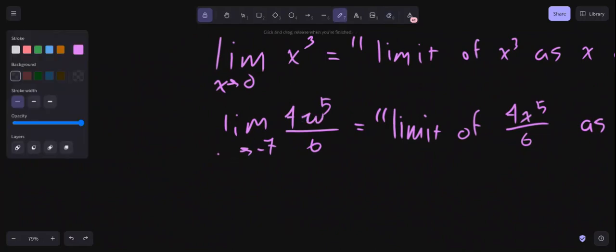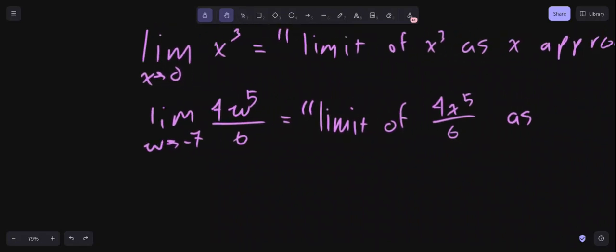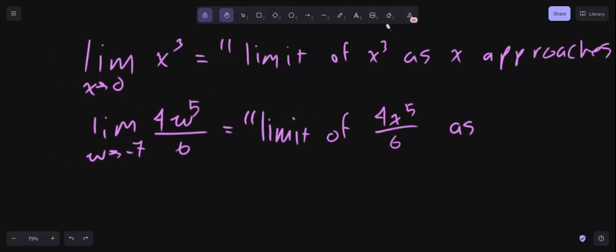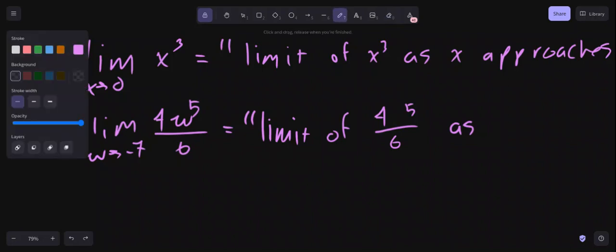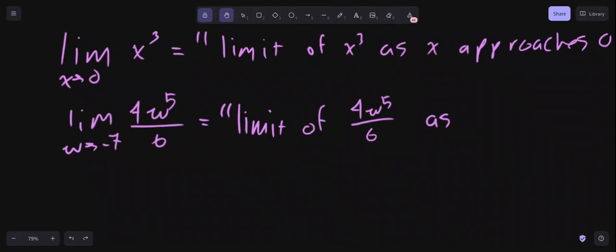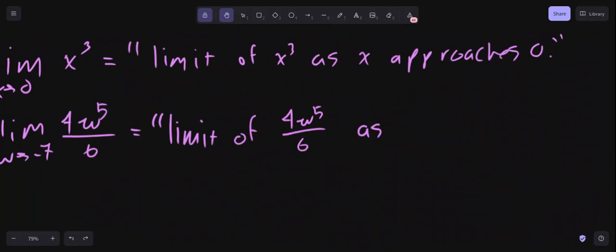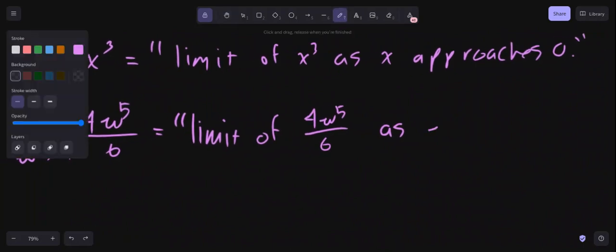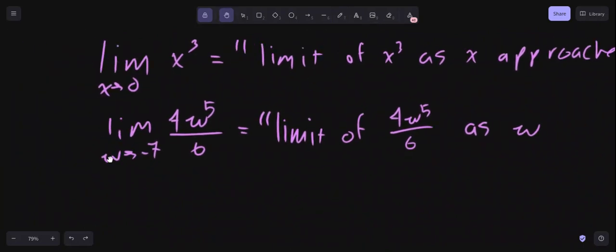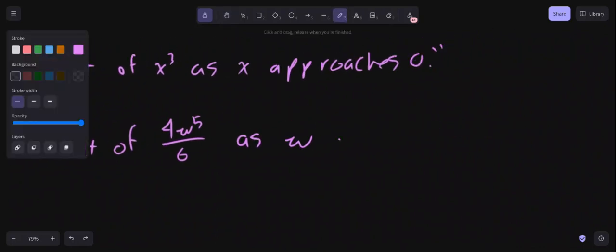Let's use w. So remember, this is a function of w, so it doesn't make sense to take any other variable. It has to be w approaching negative 7. So the limit of 4w to the 5th 6 as w approaches negative 7.